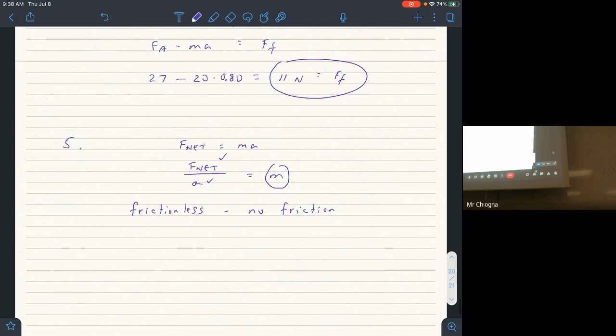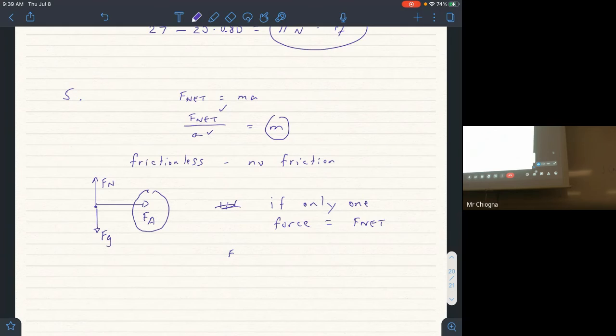So the free body diagram for this is simply just that. There's no friction in the diagram. So the only contributing force is FA. That is the net force. If there's only one force, then that equals the net force.